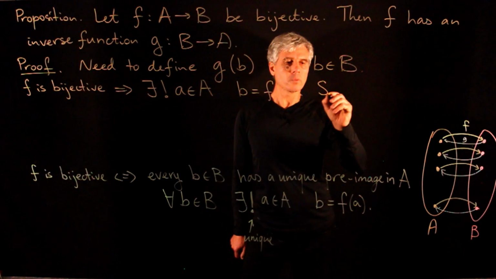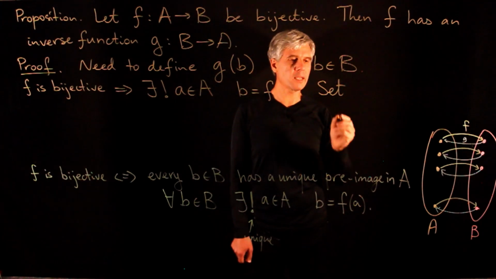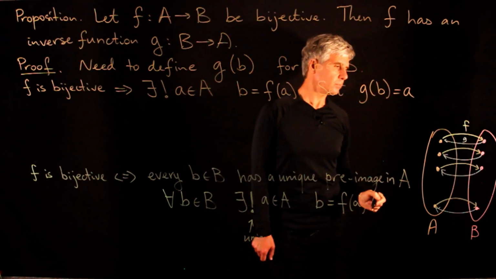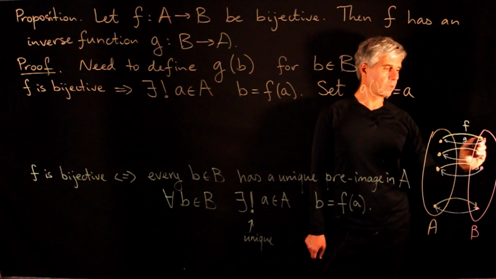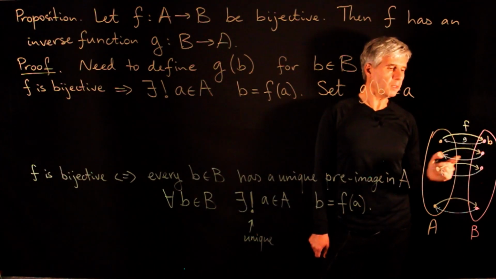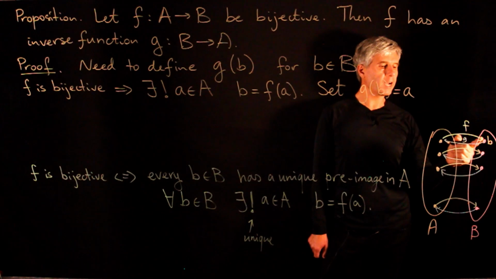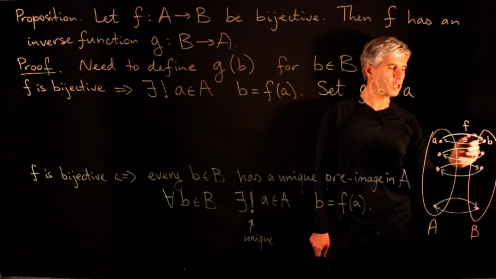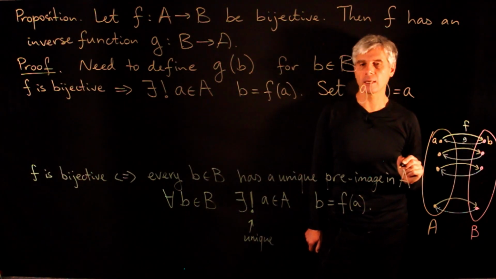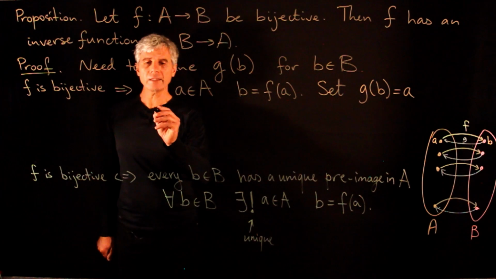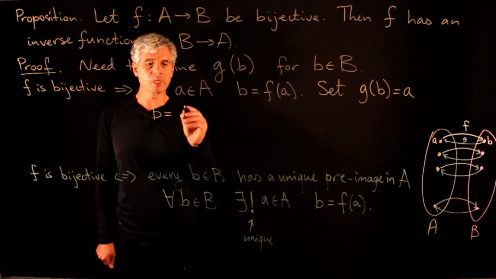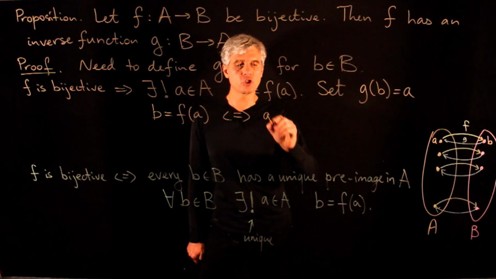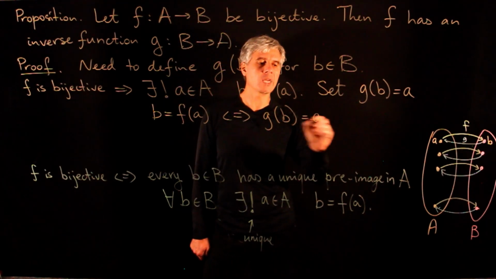And then we use this property to set g of b to be equal to a. So if we have an element b in the set B, we find its unique preimage a in the set A, and we say that g of b is equal to that element a. So b being equal to f of a becomes equivalent to saying that g of b is equal to a.